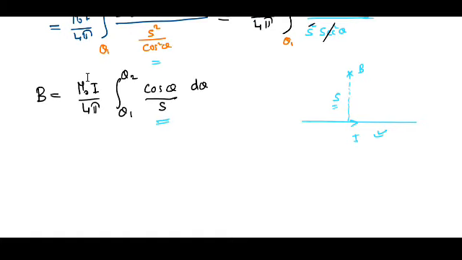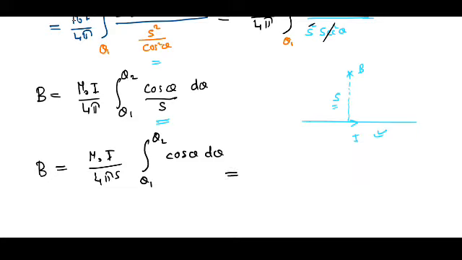Therefore, this magnetic field B can be written as mu 0 I by 4 pi s, integration theta 1 to theta 2 of cos theta d theta. This is equal to mu 0 I by 4 pi s.